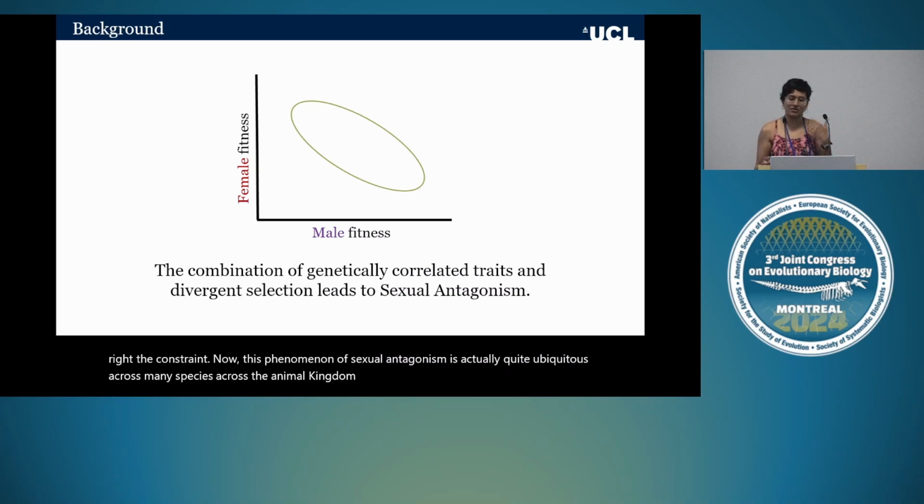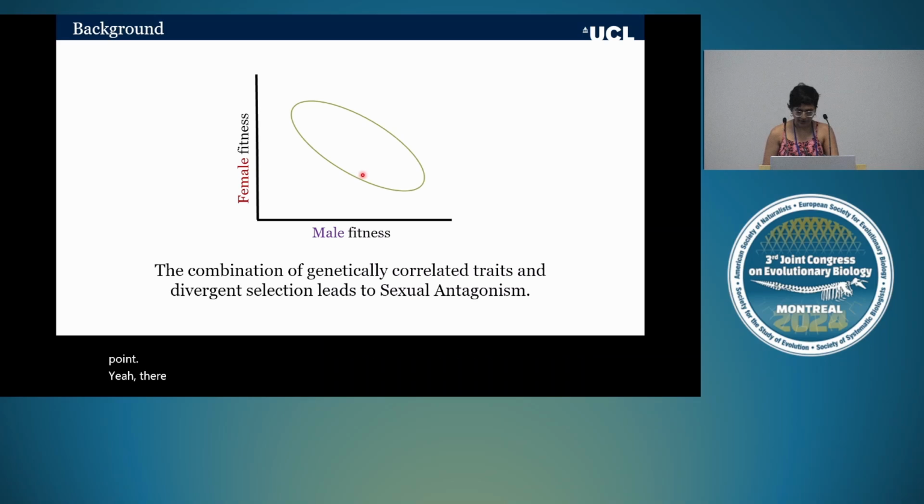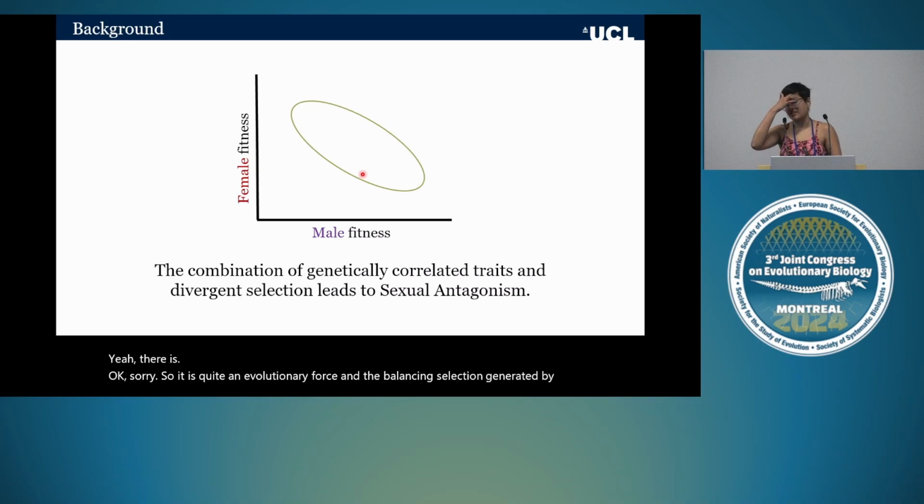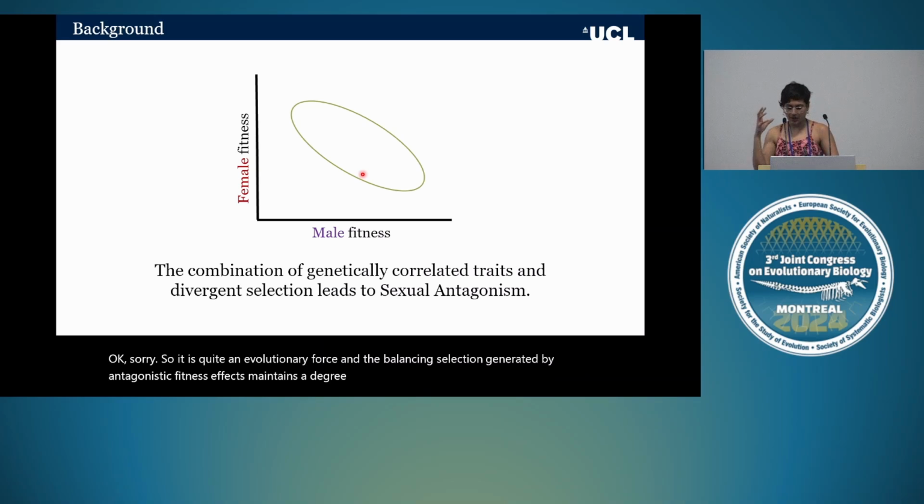You see it in fish, you see it in plants, and everywhere. And it is quite an important evolutionary force. The balancing selection generated by antagonistic fitness effects maintains a degree of maladaptation in which neither sex can attain its optimal phenotype.